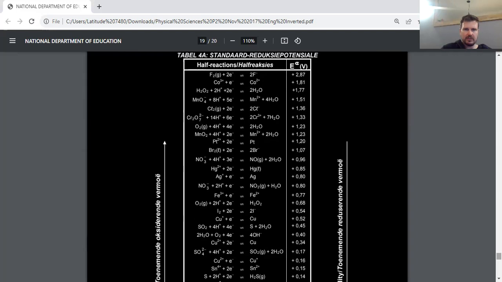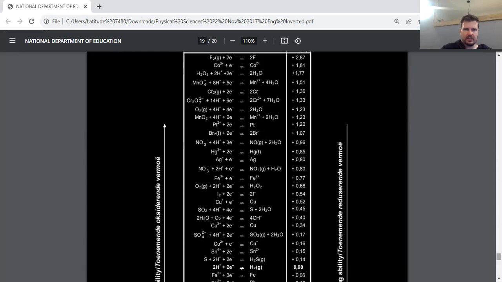It's a table of standard half reactions. The top one is fluorine, which is F2 plus 2 electrons going to 2F minus. So what's happened? Has it gained or lost electrons?